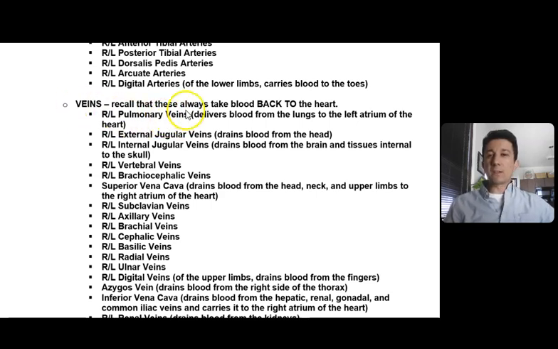We've got the pulmonary veins. Recall that the term pulmonary implies the lungs, and so the pulmonary veins are delivering blood back from the lungs to the left atrium of the heart.